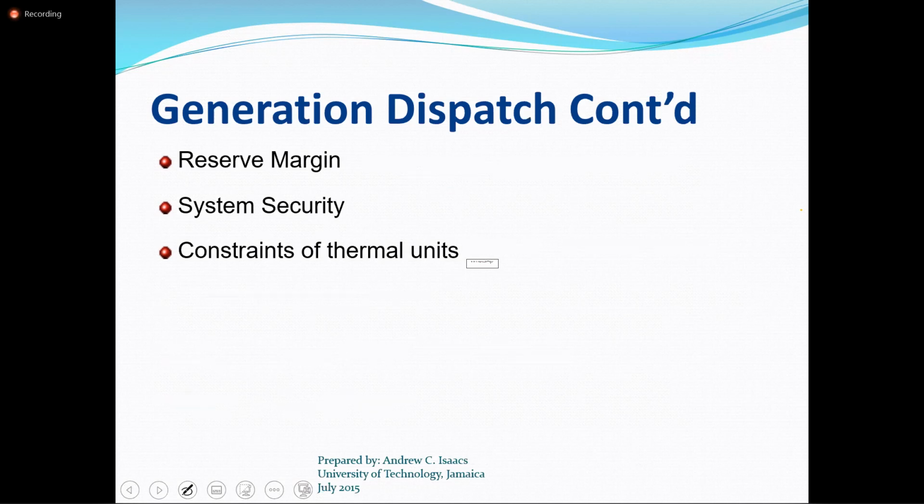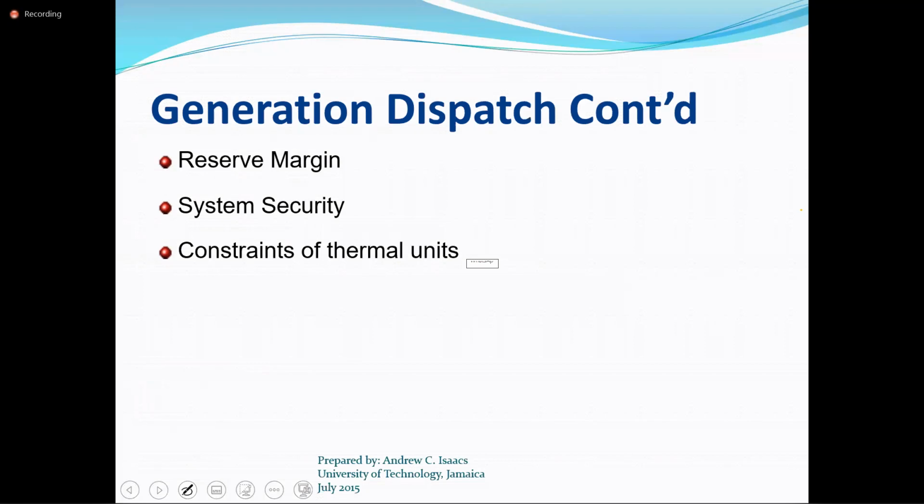But in the current scheme of things, we may be asking for 20%, given whatever variables exist in your system.